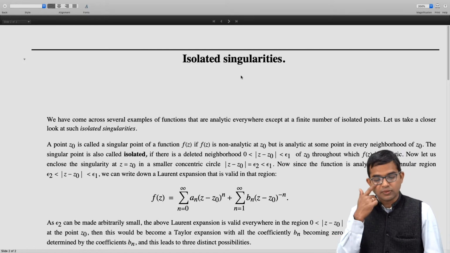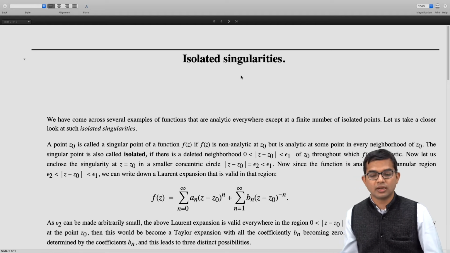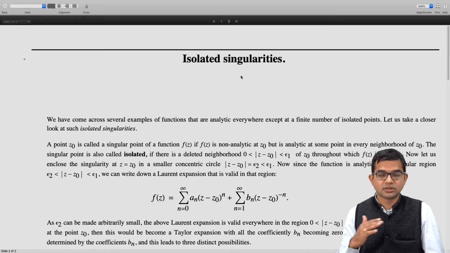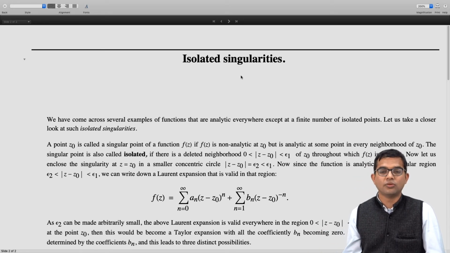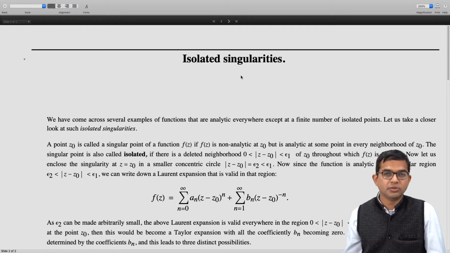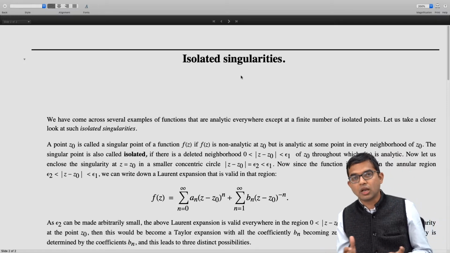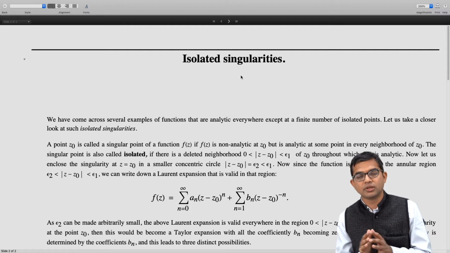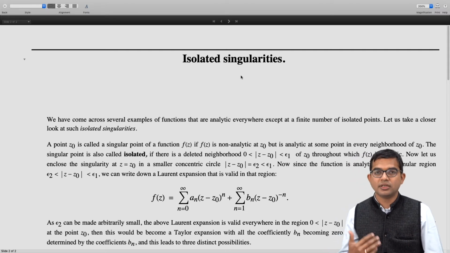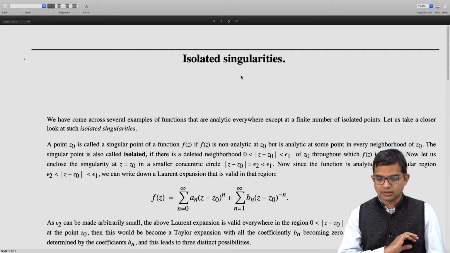If there's another point of non-analyticity somewhere else, you just consider the nearest of these singularities, and that would be this epsilon 1, but it could be a smaller one as well. It does not matter how large or small this epsilon 1 is. The key point is that there is a whole circular region which encloses this point, and in that entire region it's analytic, and therefore you are able to write down a Laurent expansion of this kind.